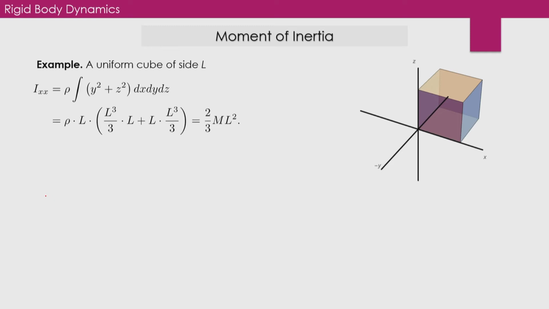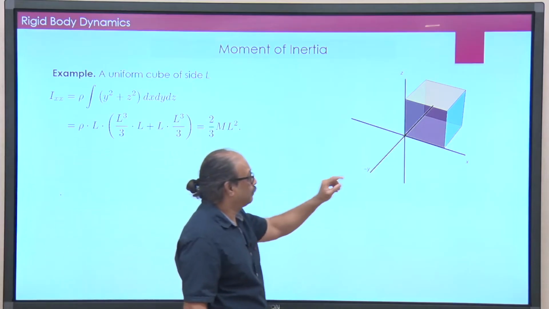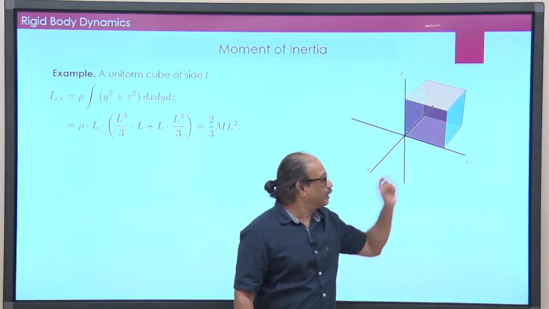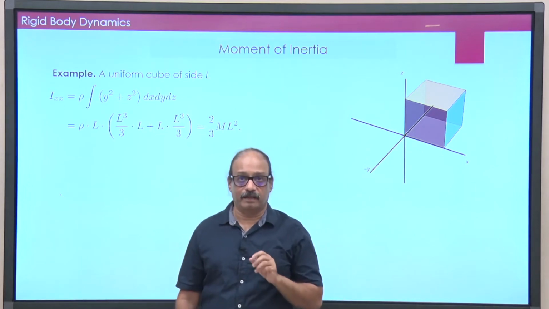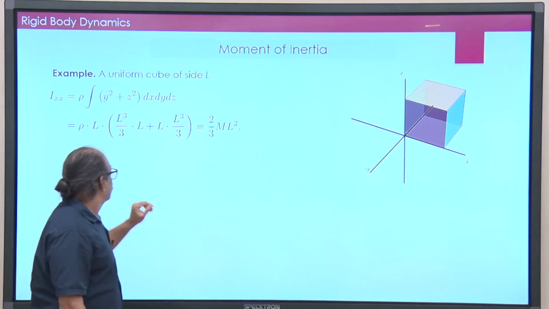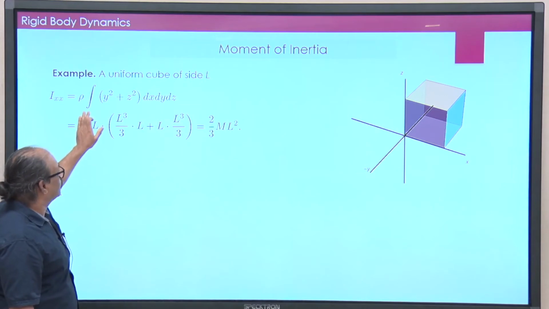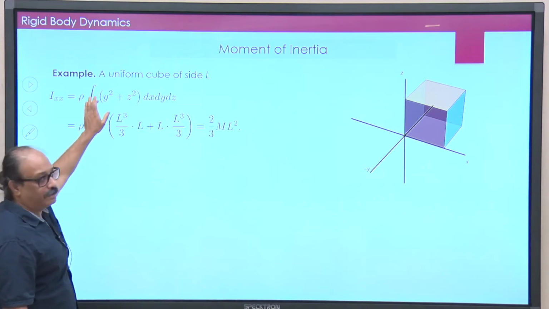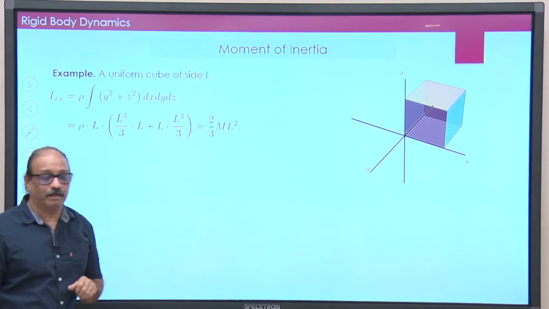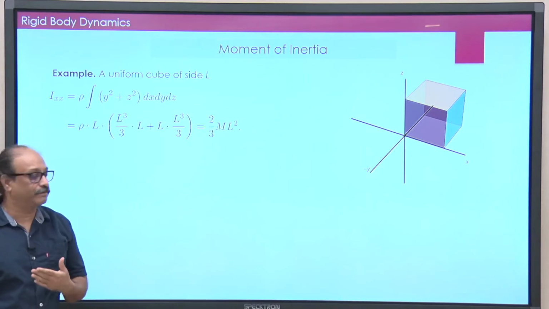So, I_xx, of course, this is a straightforward integral. Only thing that you have to remember is what are the limits of integration here. Limits of integration are from 0 to L there. Okay. So, there will be 3 integrals, and each integral will go from 0 to L, one for dx, one for dy and one for dz.